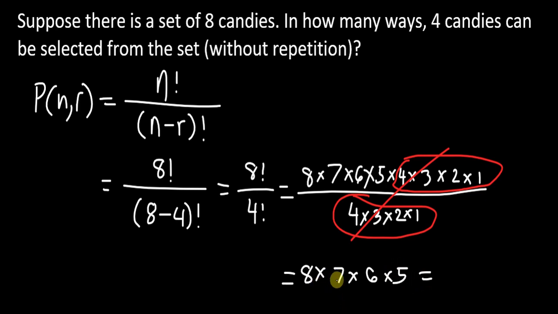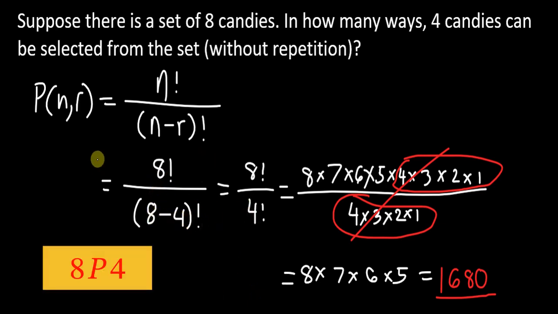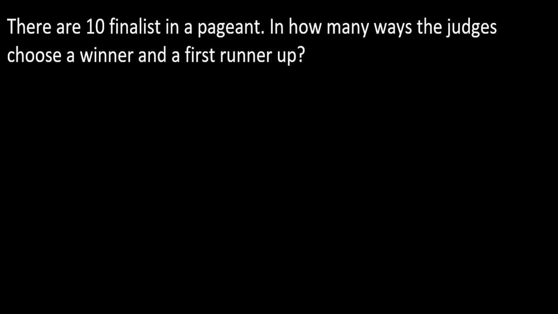And 8 times 7 times 6 times 5, that is equal to 1,680. Kung may calculator kayo, pwede nyo lang ilagay na 8 factorial over 8 minus 4 factorial or 8P4.